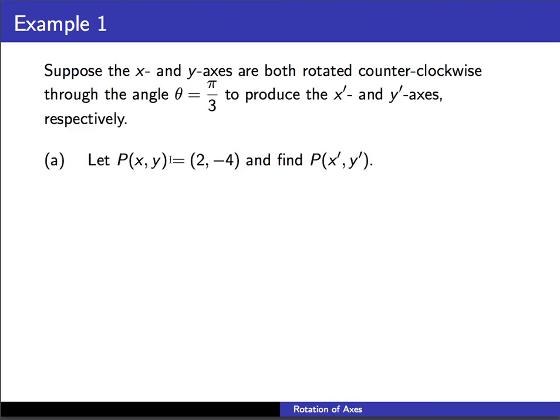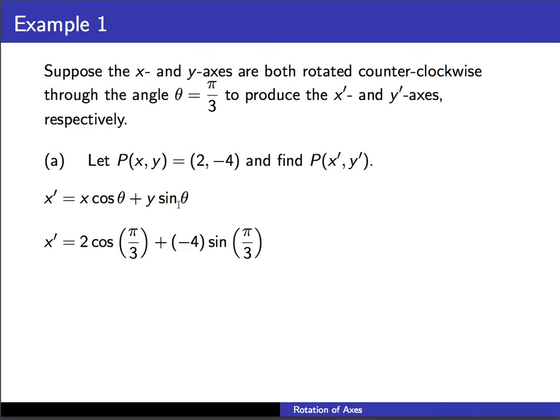Our new x coordinate is our old x coordinate times the cosine of the angle plus the old y coordinate times the sine of the angle. So x prime is 2 times the cosine of pi over 3, plus negative 4 times the sine of pi over 3.